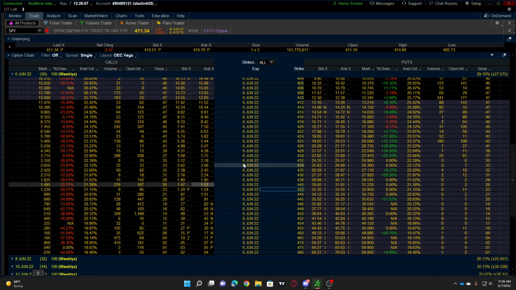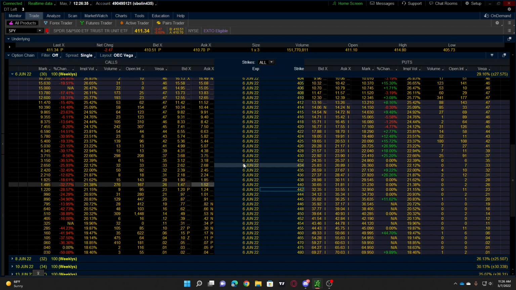There are time-based trades that we take, things like iron condors or short verticals, where maybe you've heard them called credit spreads. In those situations, a credit spread built near the money will get a greater impact in Vega value than a credit spread built out of the money.